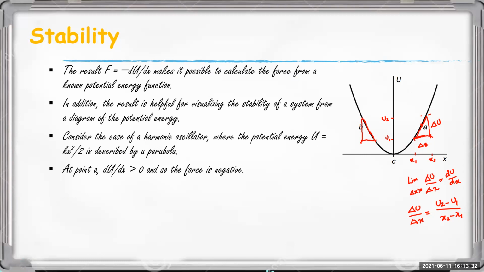For this one, this is the initial and this is the final. So this initial point is denoted by x1 and the final point is denoted by x2, isn't it?